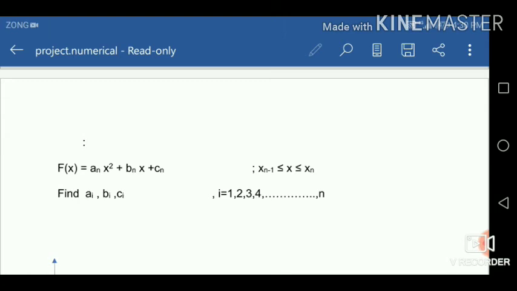In the next step I will find all the unknowns ai, bi and ci, where i = 1, 2, 3, 4, up to n.